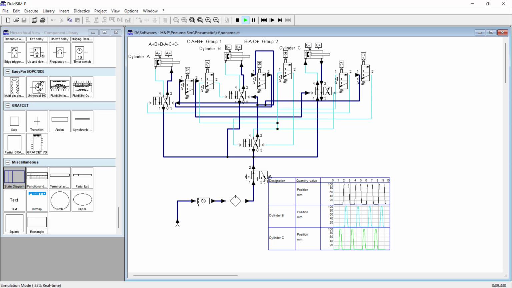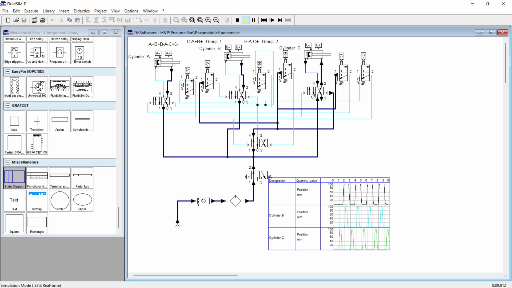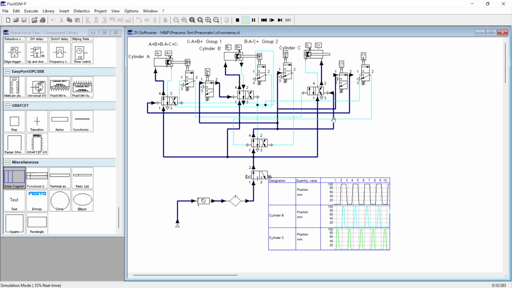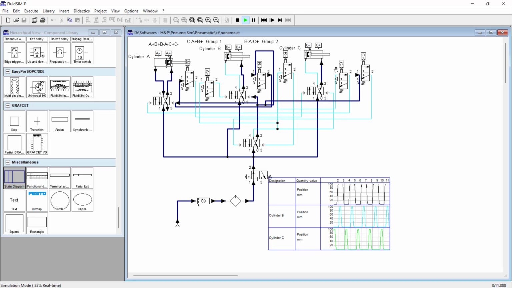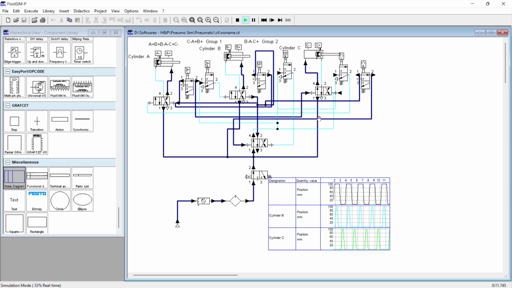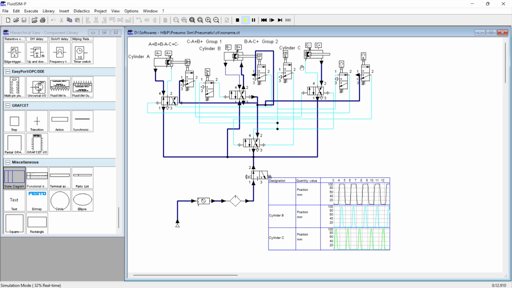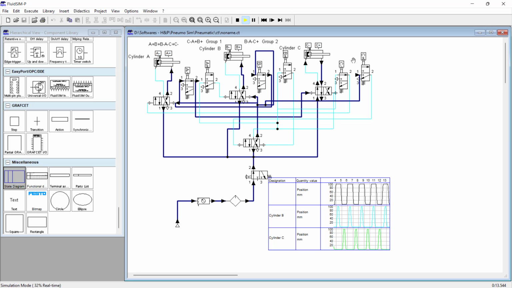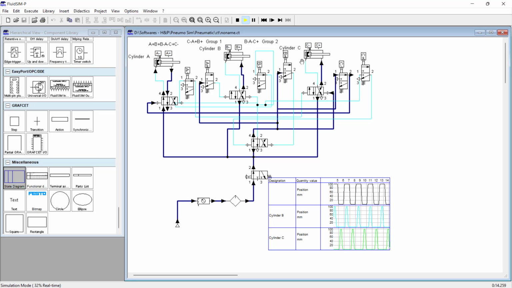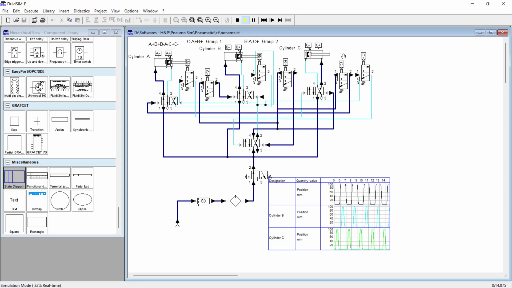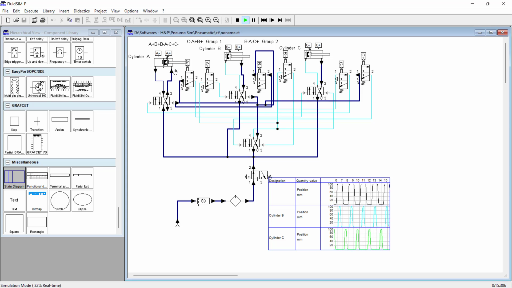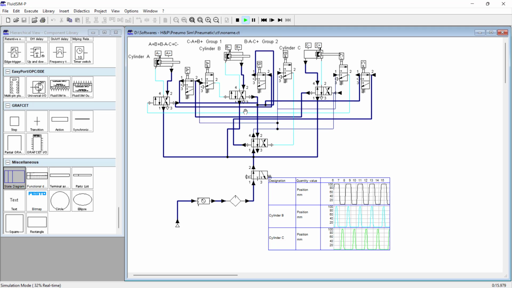Whenever you start the simulation, first in the machining process the C cylinder will extend, and it will ensure that any component in the workstation is removed. So this should be removed by the C cylinder extension and retraction, after which the clamping and drilling process will happen.